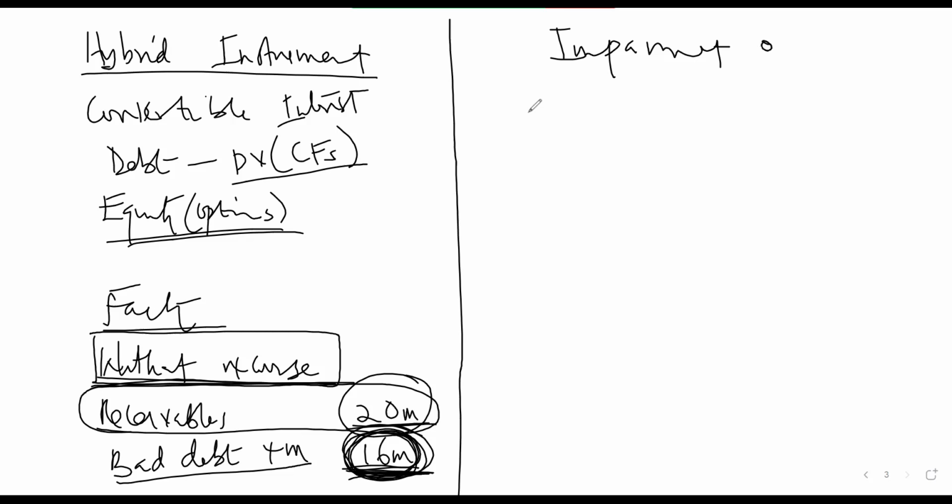The other issue is the impairment of financial assets. That is the major issue that we are going to be looking at today, under financial instruments. We all have heard about debt restructuring, the haircut or something.